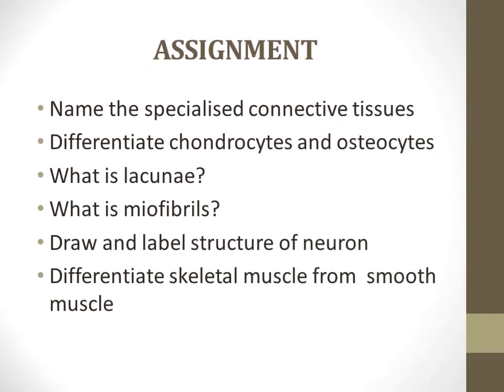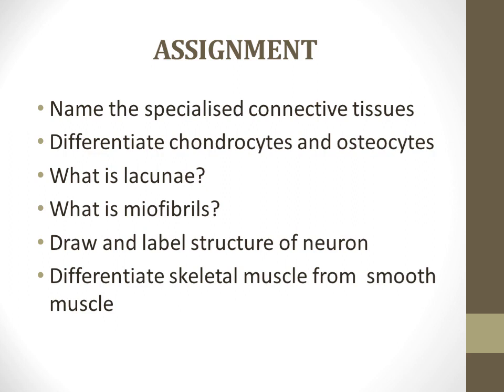So the first question is, name the specialized connective tissues. Specialized connective tissues are cartilage, bones as well as blood. Fine. Then differentiate chondrocytes and osteocytes. Chondrocytes are the cells of cartilage tissue and osteocytes are the cells of bones.